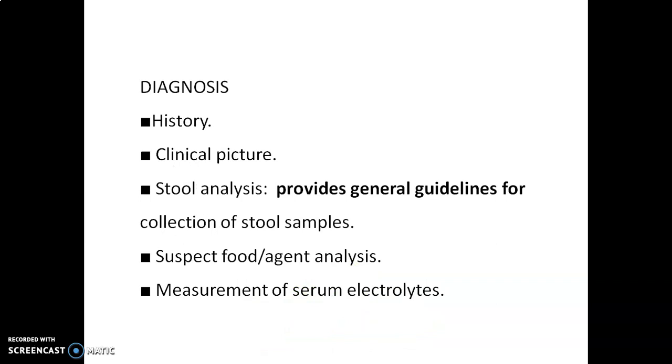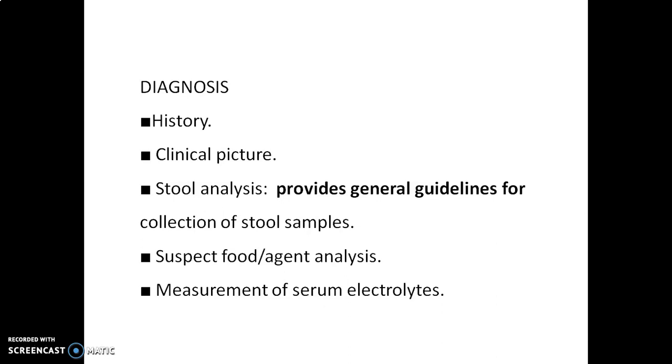Coming to the diagnosis, collecting the history of the patient will help in easy identification of the nature of food poisoning, and also collecting the clinical picture of the patient. Stool analysis can provide better information about the organism. We have separate guidelines for collection of the stool sample that will be discussed in the coming slide.